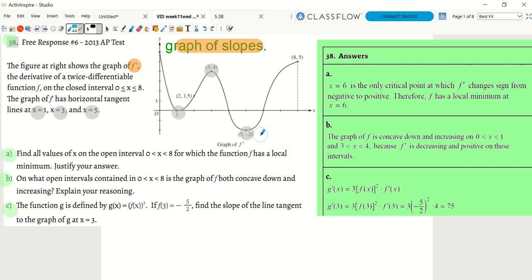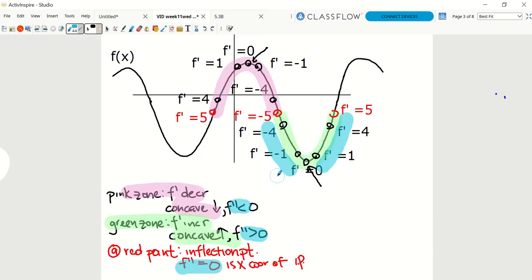Now let's look at B. I really want you to pay attention to this one over here. So it's concave down and increasing. I think we can agree that this whole blue thing is concave down.